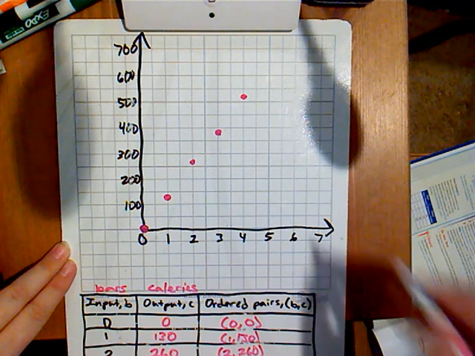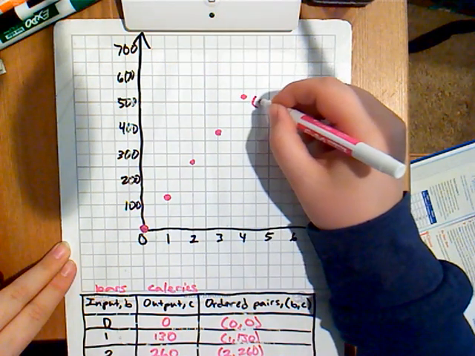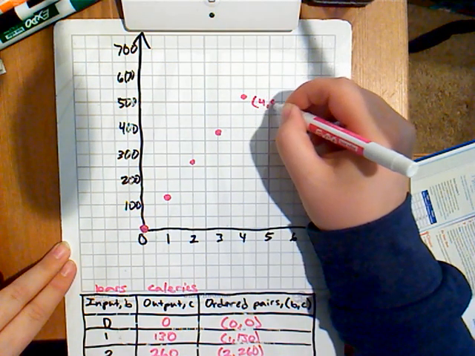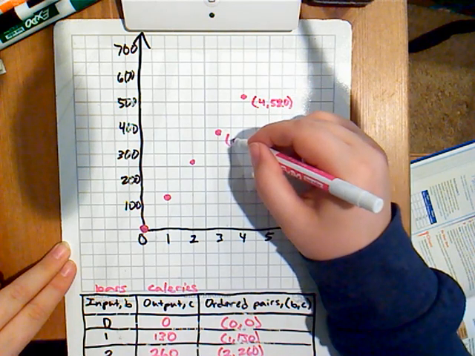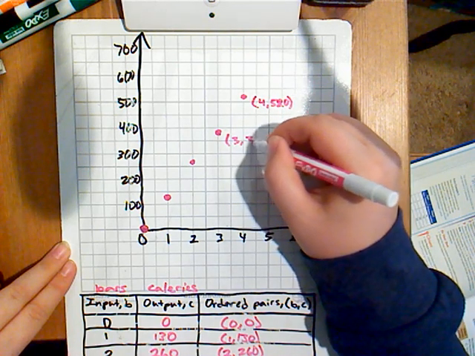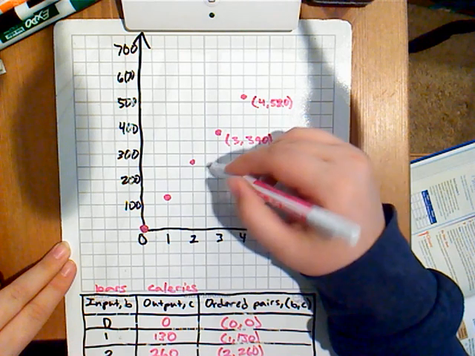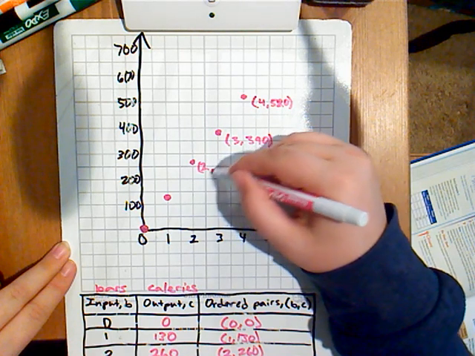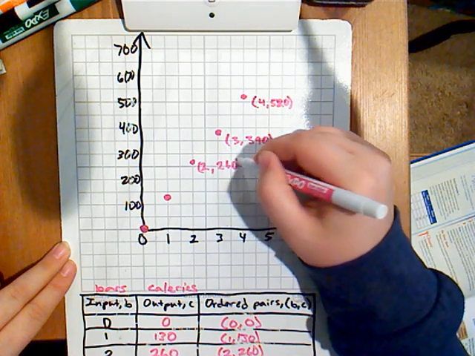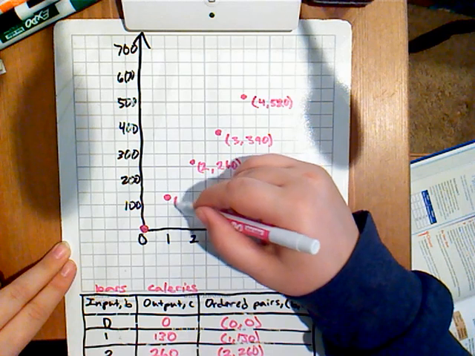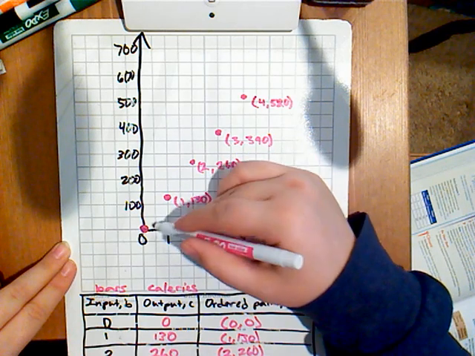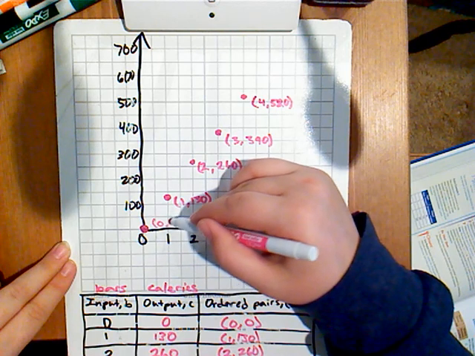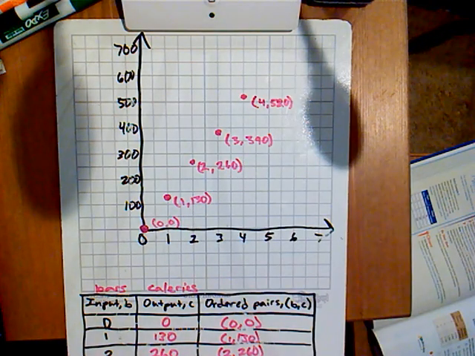Okay, so we've got the 4, 520. We've got 3, 390, 2, 260, 1, 130, 0, 0. Okay, those are our points.